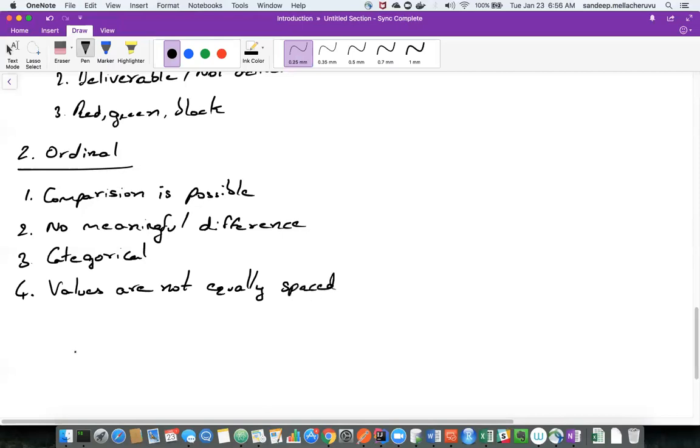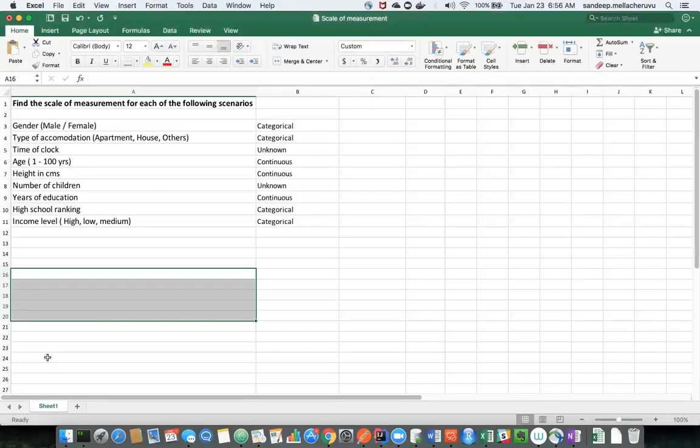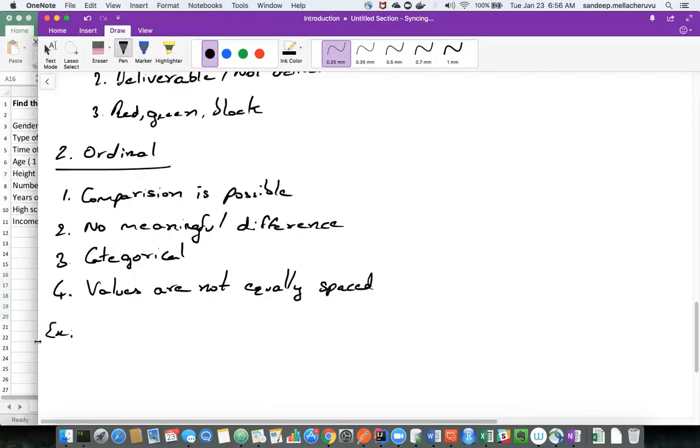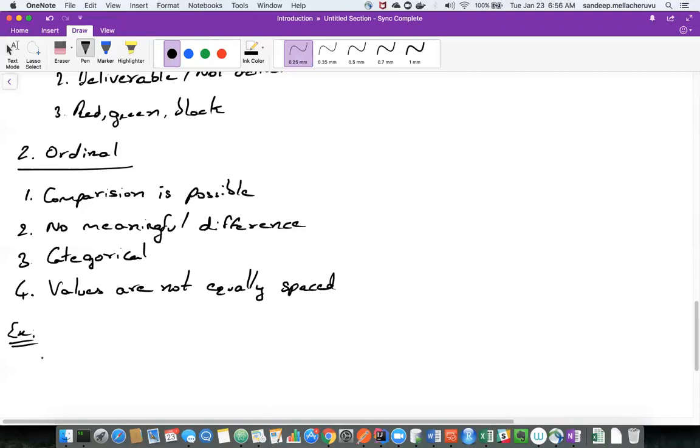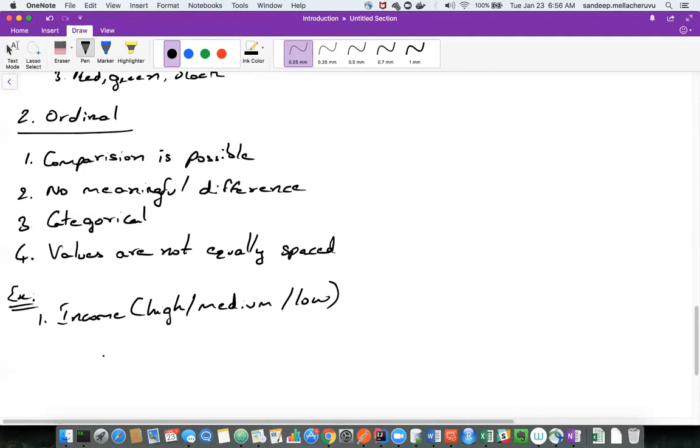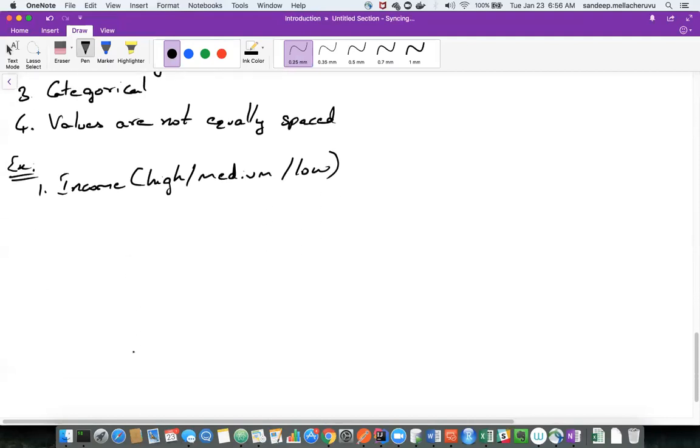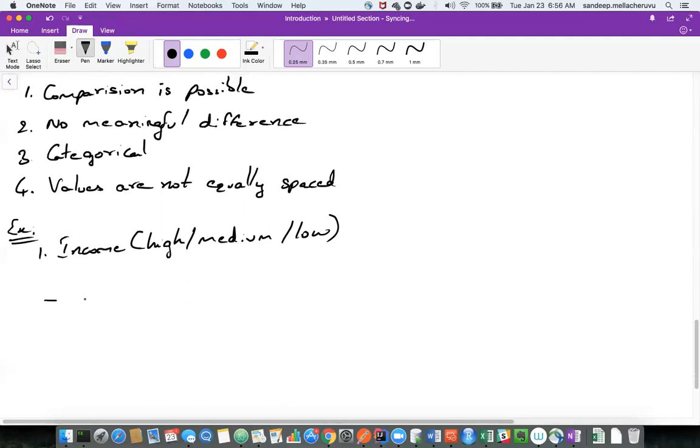It means that when you try to find the difference, let me give the example and then talk. Income: high, medium, low. So most of the times, how do you define high income, low income, all these things?